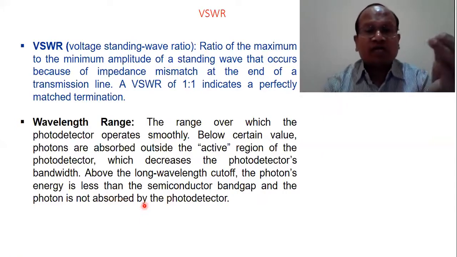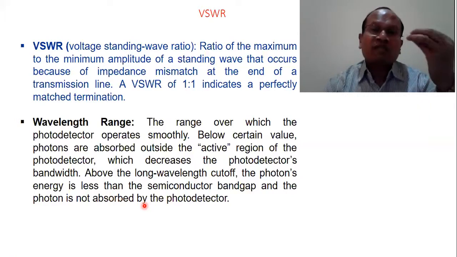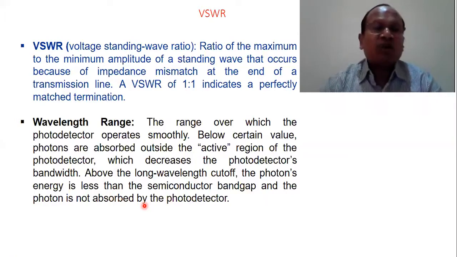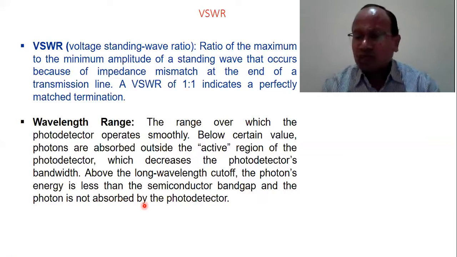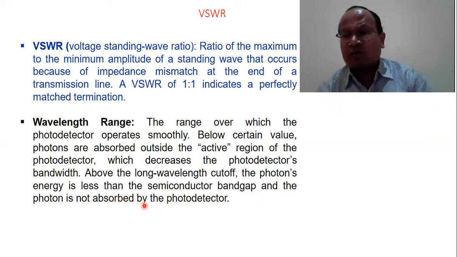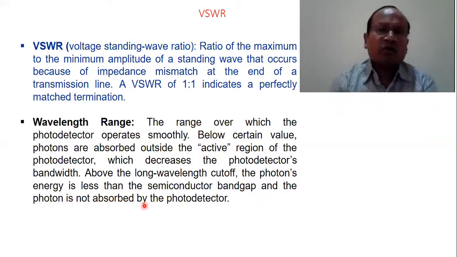That energy will not be sufficient to overcome the band gap, so there is no use of that photon. So wavelength range is the range of wavelength over which the photodetector performs smoothly and in a proper way.